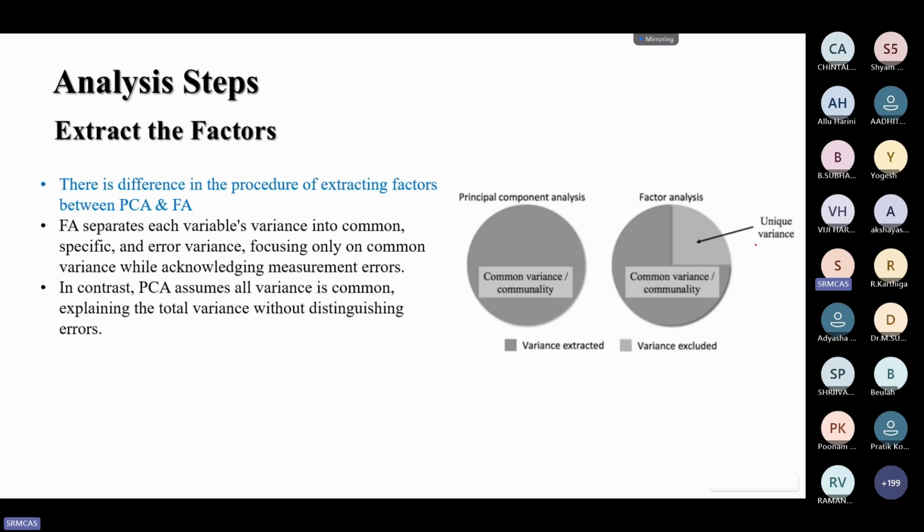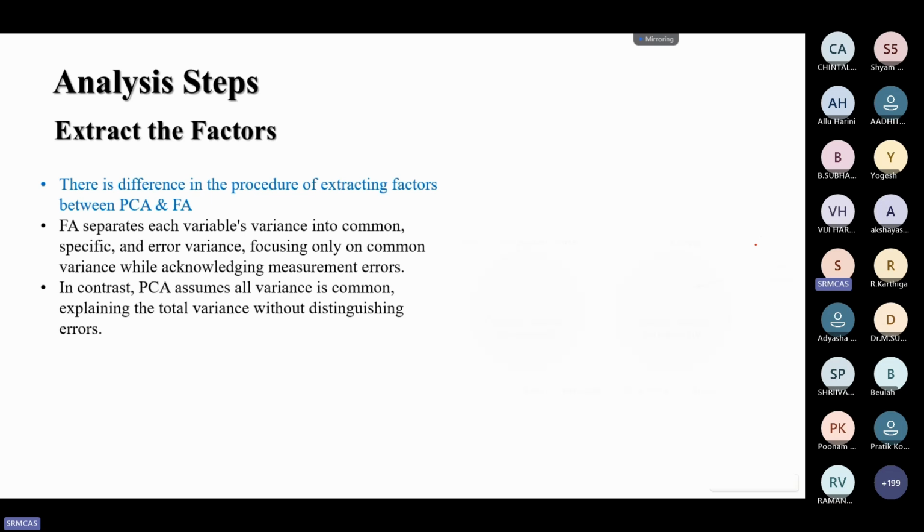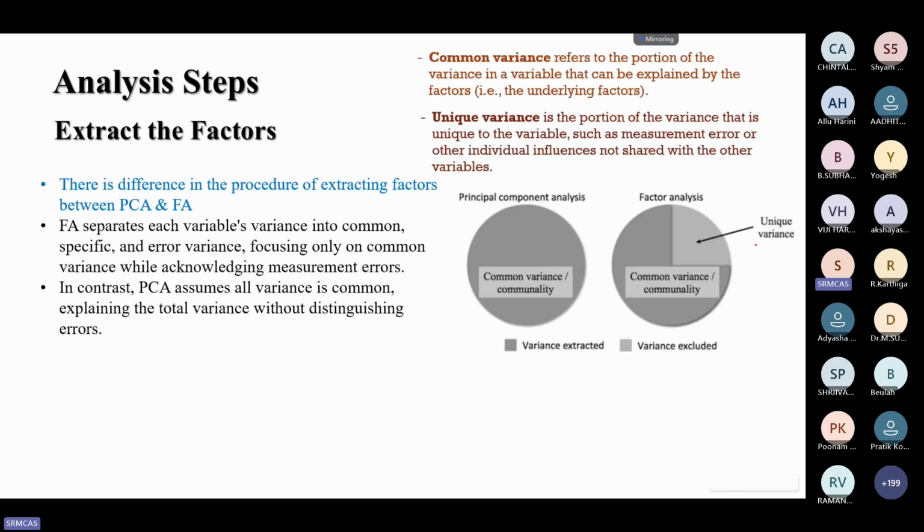So let me explain: what are common variance and unique variance? Common variance refers to the portion of the variance in a variable that can be explained by the common factors. But unique variance is the portion of the variance that is unique to the variable, such as measurement error and other individual influences not shared with the other variables.